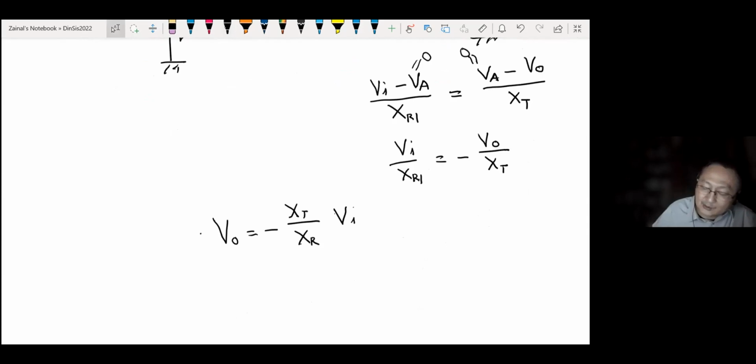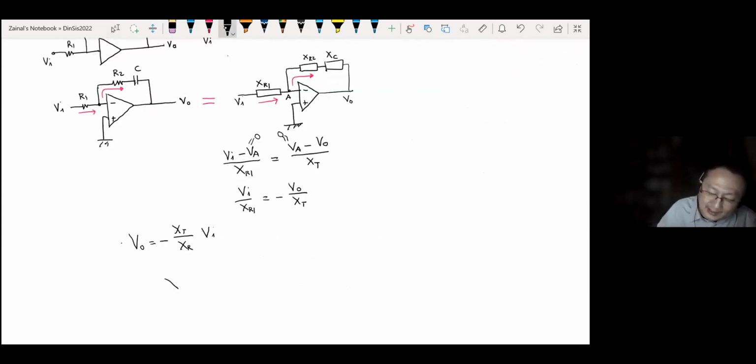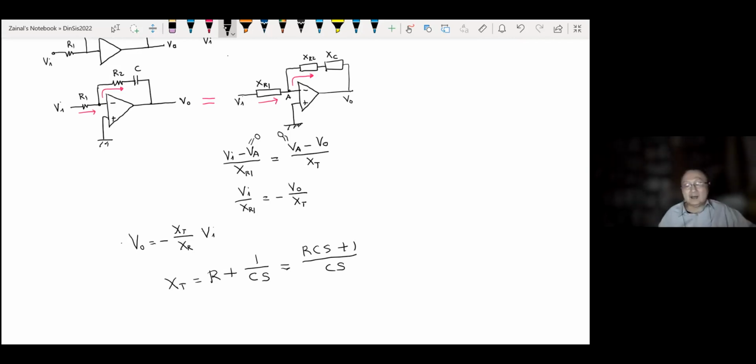Now look, these two are in series. So XT is just R plus 1 over CS. So this becomes RCS plus 1 divided by CS.